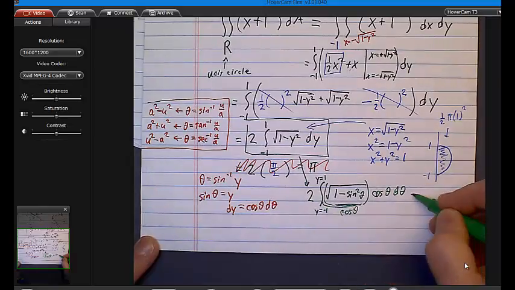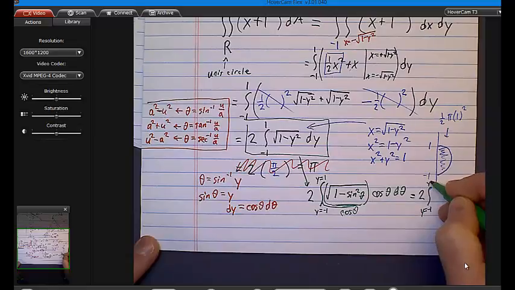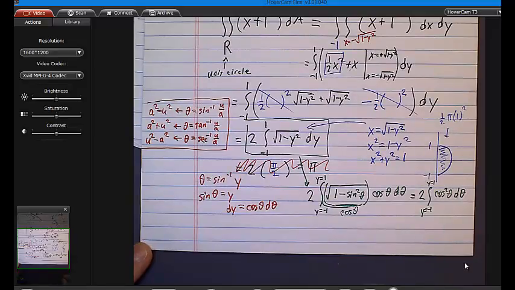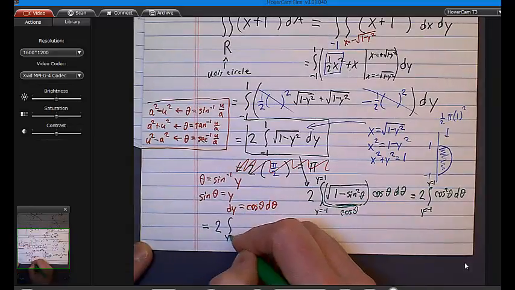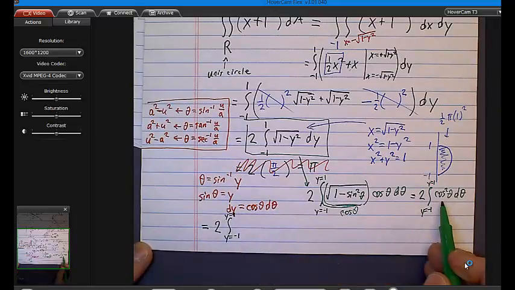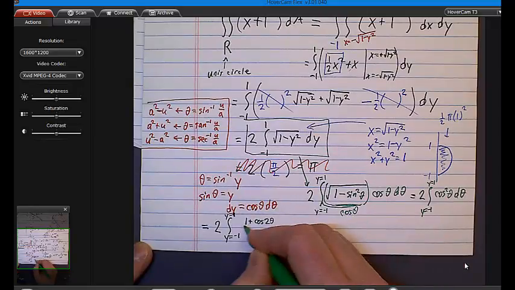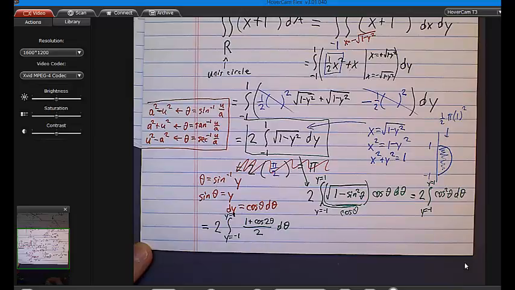And so what I'm really integrating is 2 integral, again, y equals -1 to y equals 1, cosine squared theta d theta. Well, I need a little help on that one from a trig identity. I think this Calc 2 just had their test on this stuff. Cosine squared is the same as 1 plus the cosine of 2 theta all over 2. Oh yeah, the 2's cancel.